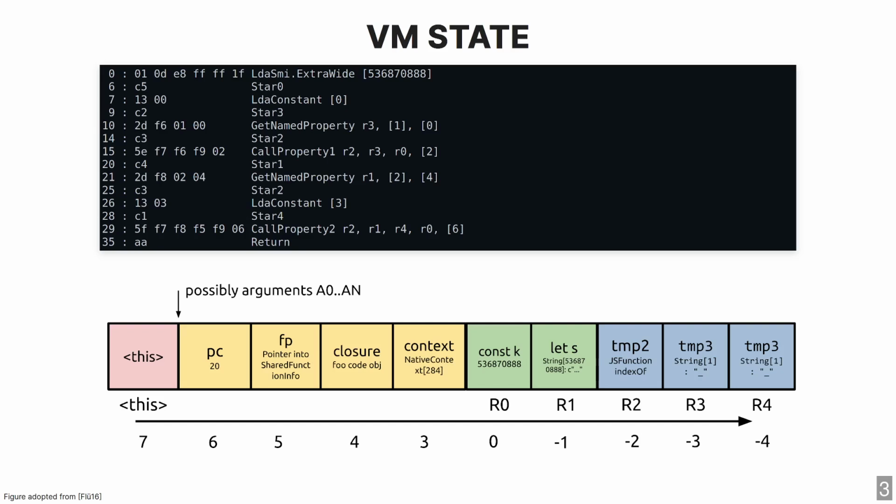A very central data structure for our approach is the VM state, which the interpreter operates on when a snippet of JavaScript arrives at the browser. It will first be translated to a very simple bytecode language shown here.